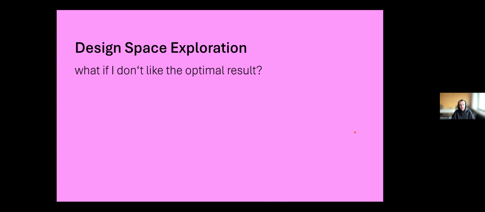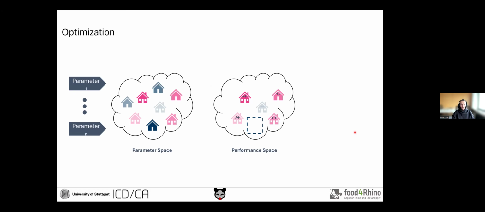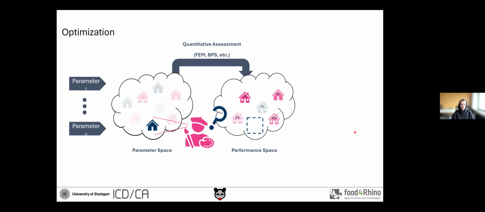Okay. Now, what if you don't like the optimal result from your optimization? So we've done optimization, we have our results, and now you change your Grasshopper script and you're like, hey, this building I like more.